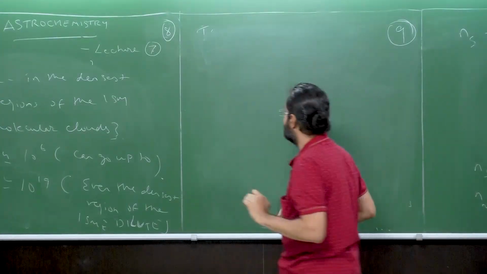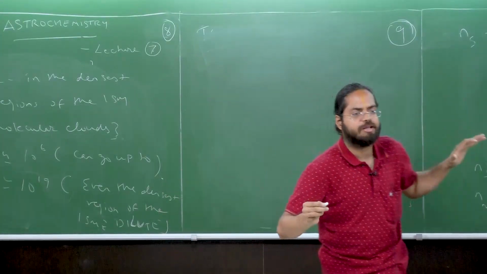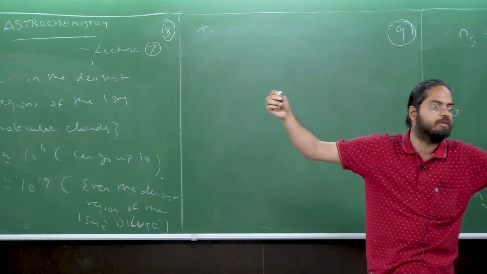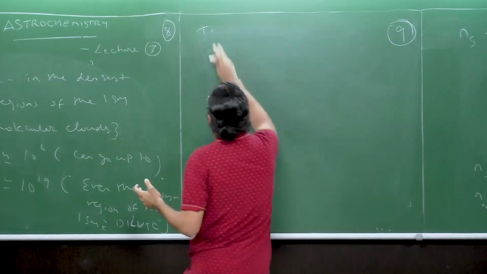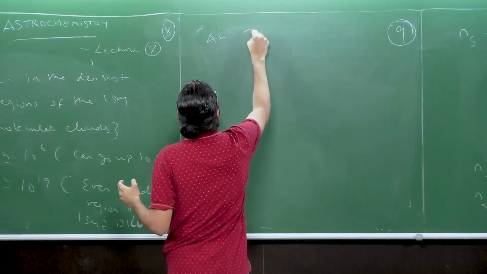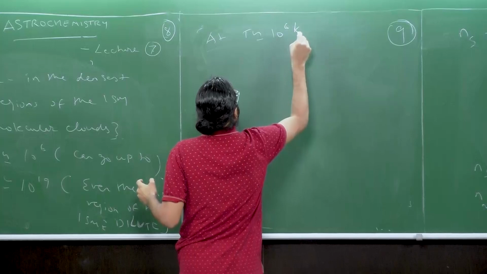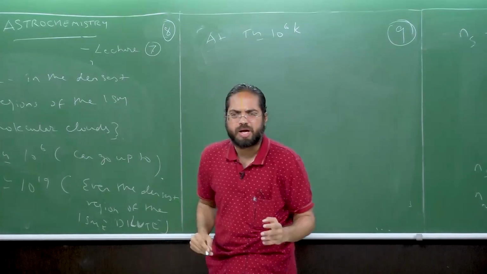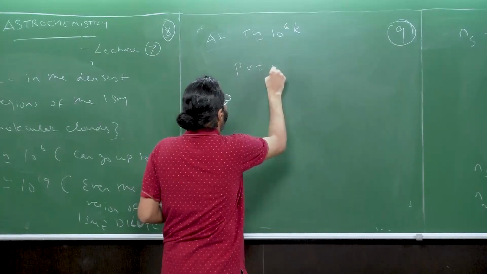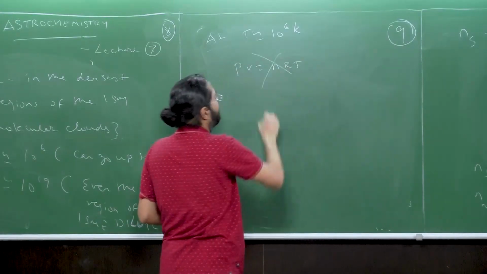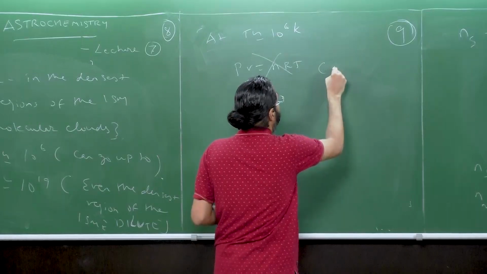It is the idea that we roughly had an estimate for the number density at 10 Kelvin and also 10 to the power 6 Kelvin, right? Now, in fact, at temperatures as high as 10 to the power 6 Kelvin, many times, I must make it clear that the ideal gas equation is not even valid for the most part.